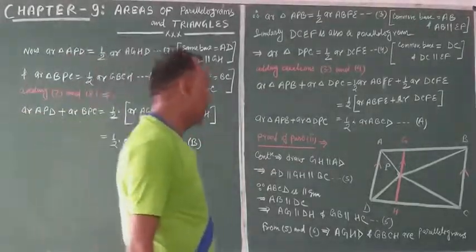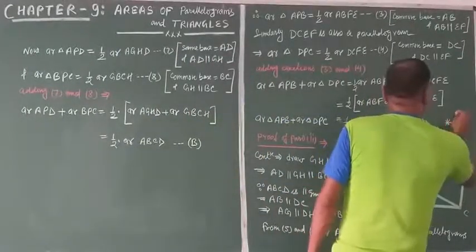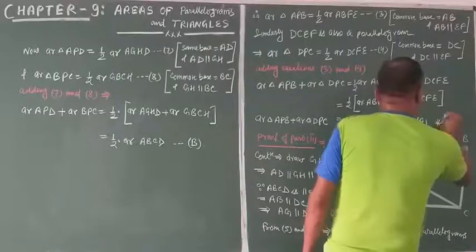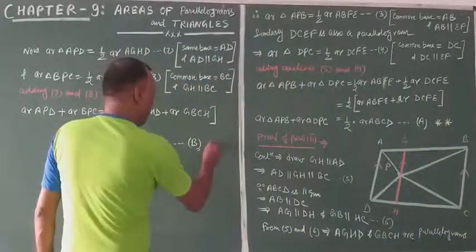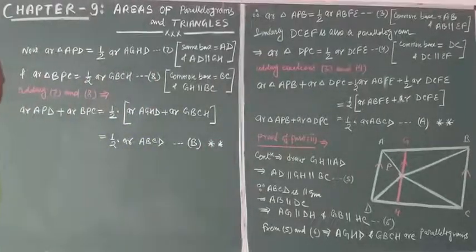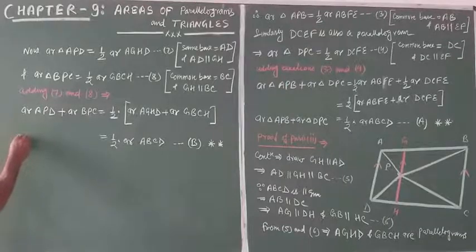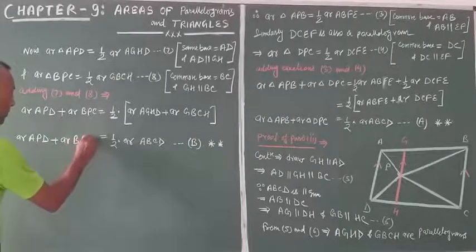Now just look here, equation number A and equation number B. Just look at these two equations. Area of APD plus area of BPC.